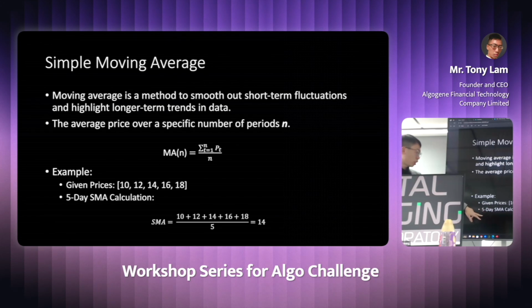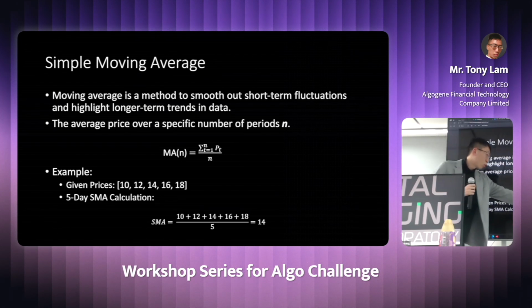Here is a very simple example. Let's say we have the previous 5 days' closing prices, and then we can calculate the 5-day simple moving average.